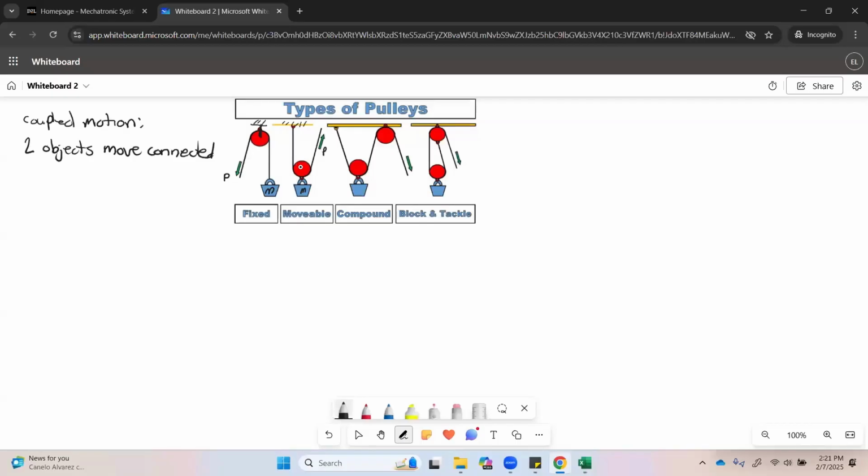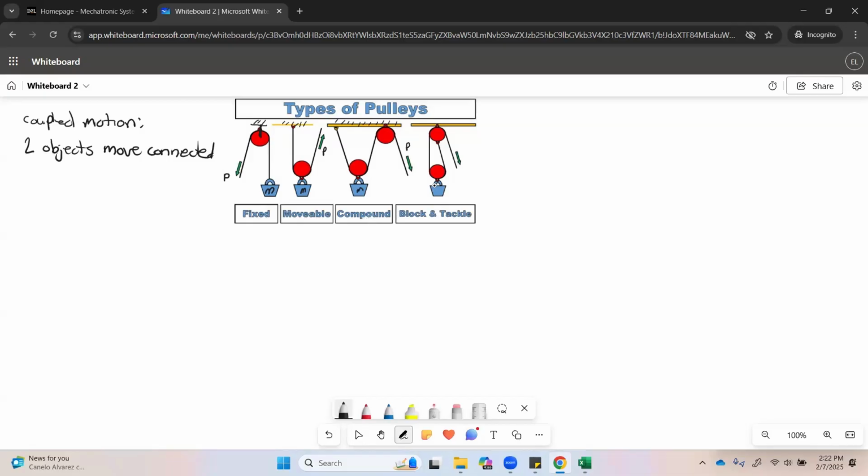So that's a different type, movable pulley, because the pulley is moving. Compound is when you have multiple pulleys. So here we have one pulley fixed at the top. We have one pulley moving at the bottom. We have the mass. We have the force P. And this is a compound pulley set.